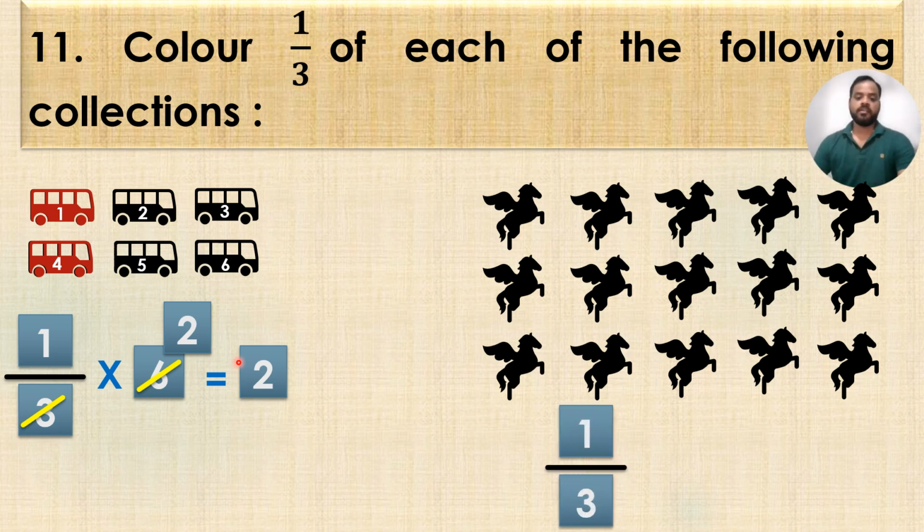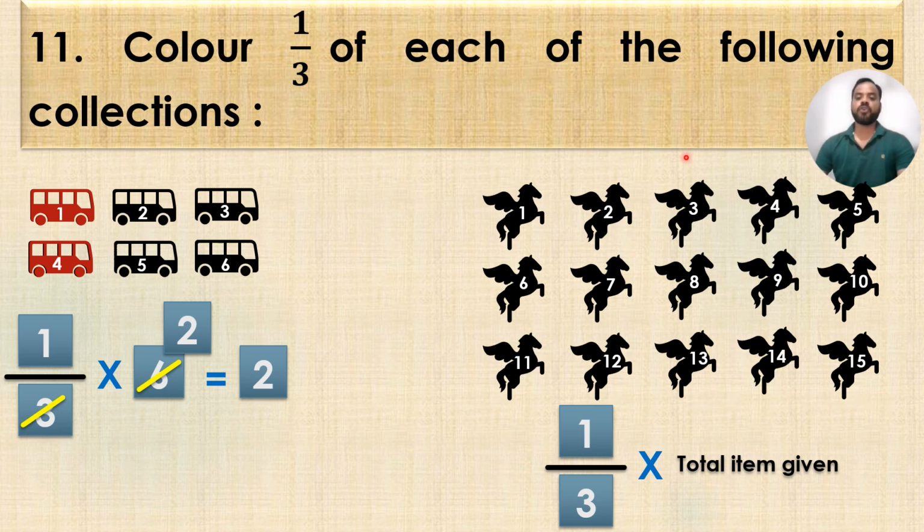Next example, we have to color 1 by 3 of the total collection. So 1 by 3 into the total items given. What is the total number of items given? 1, 2, 3, 4, 5, 6, 7, 8, 9, 10, 11, 12, 13, 14, 15.